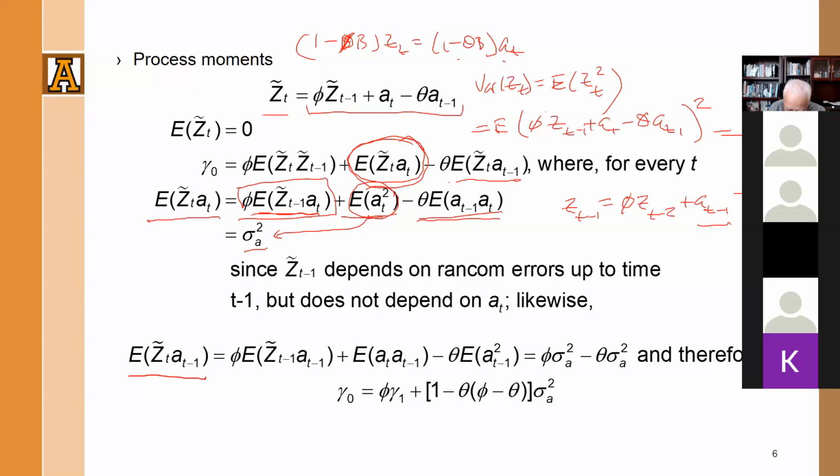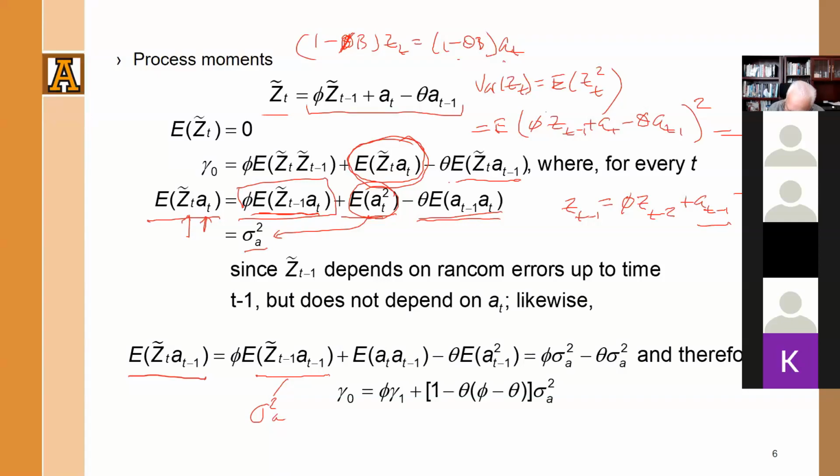Now, this one here, the expected value of Z_{t-1} times A_{t-1}, is equal to sigma squared. That we just developed here, right? Just instead of using t here, use t minus 1, and that expected value is sigma squared.